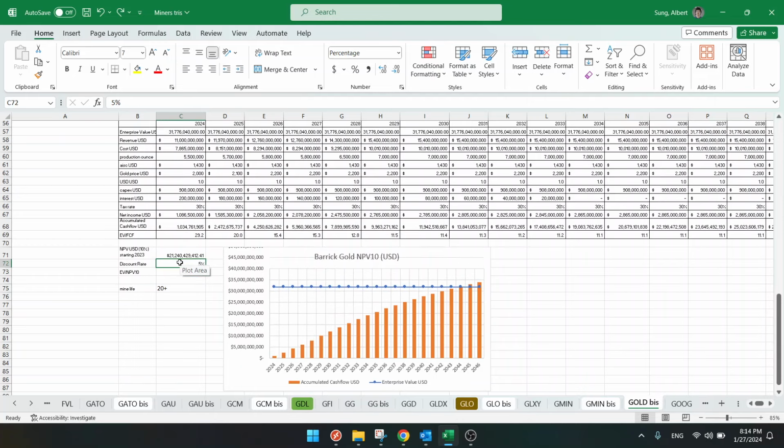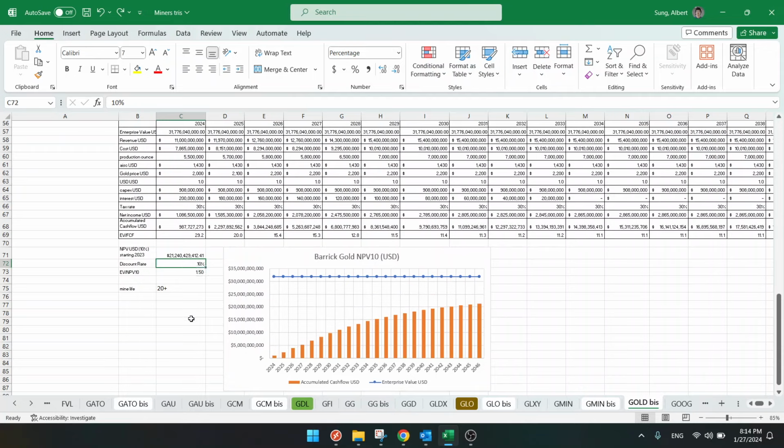But we are not in a 2% environment. I think yields will go higher. We should see 5-6% at some point with inflation. So I use a 10% discount rate and it doesn't look good. I always use 10% for each gold miner at this point.